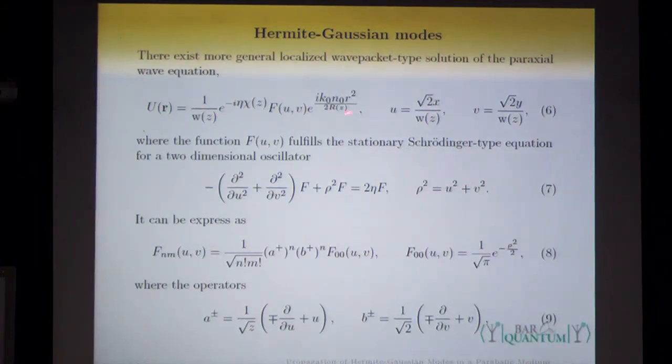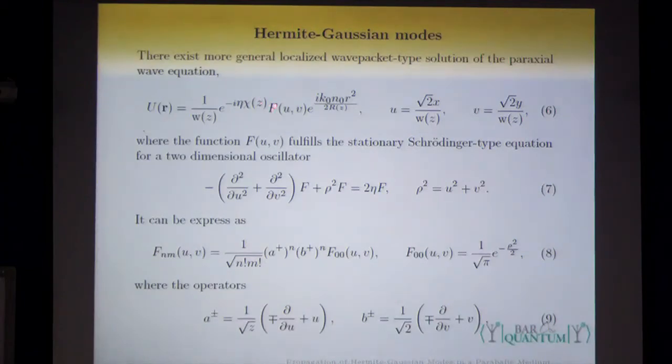In this way, this part has the Gaussian behavior, because we are still interested in localized beams, and we introduce this function f, which contains all the information about the transversal structure of the beam.